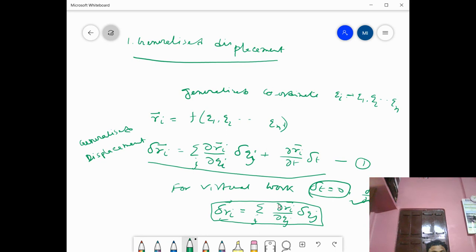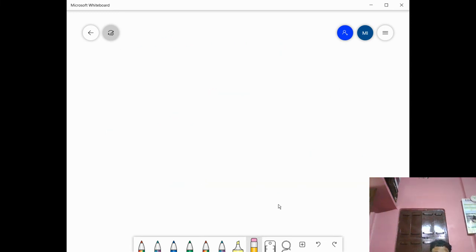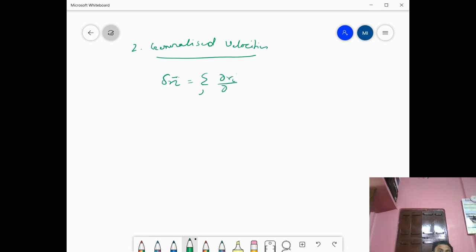Now what will be the generalized velocity? If you differentiate this with respect to time, number 2, we have seen that delta ri equals summation over j del ri by del qj delta qj plus del ri by del t into delta t, right?